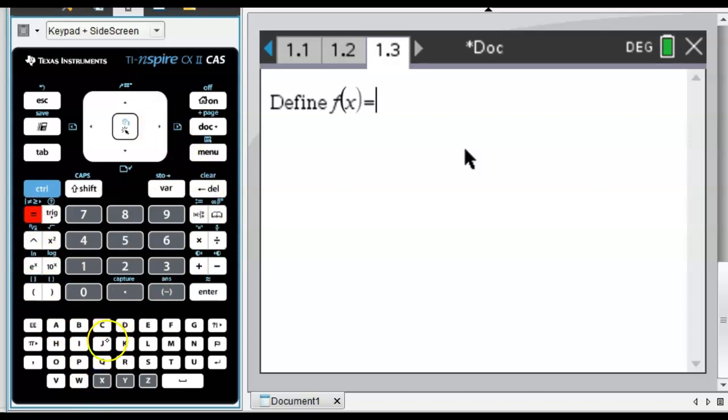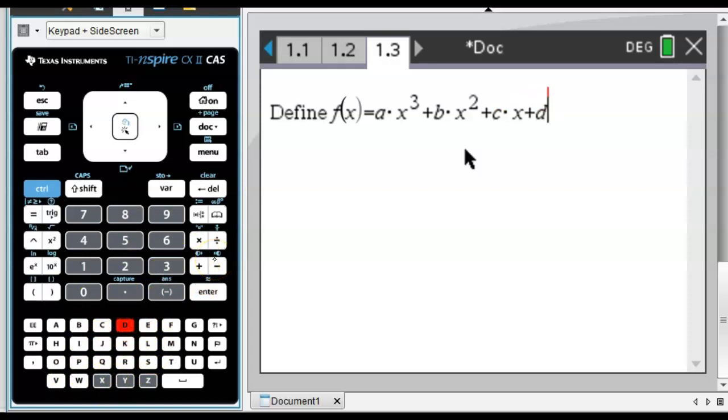equals, now when we're typing in the cubic polynomial, we need to make sure we're entering the times symbol wherever it's applicable. So we're going to go a times x to the power of 3 plus b times x to the power of 2 plus c times x plus d.